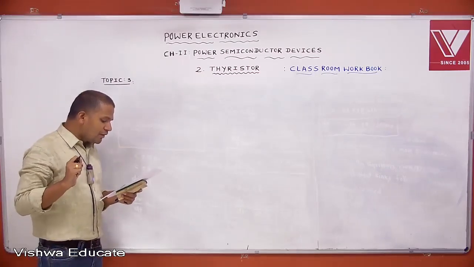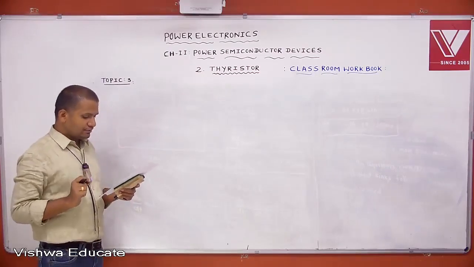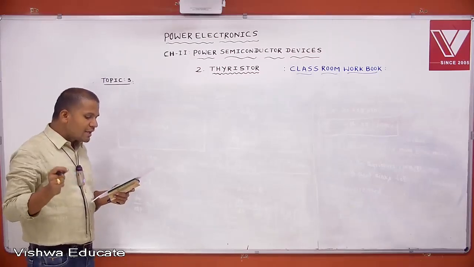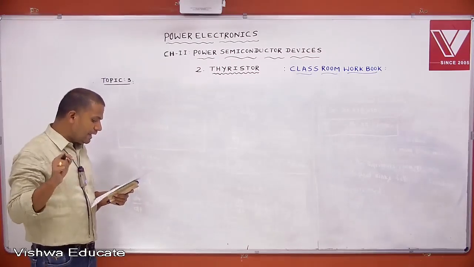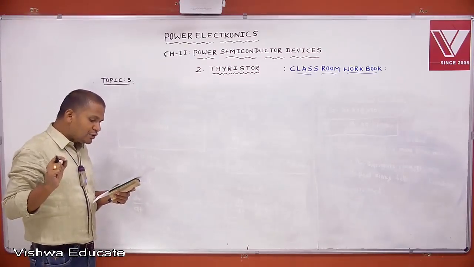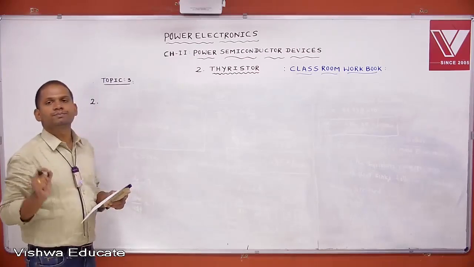Determine the values of di by dt inductor and the snubber circuit parameters. Take damping ratio as 0.5.